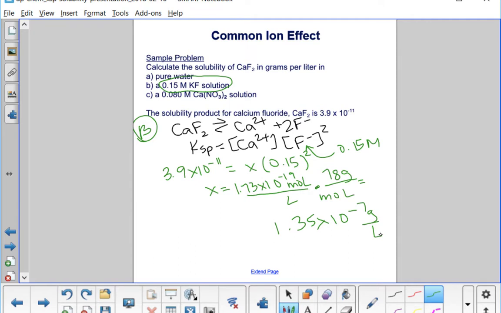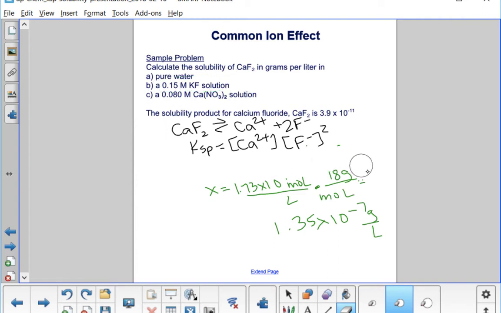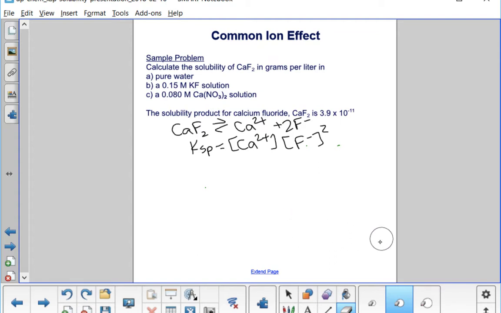Okay, and then finally part C. So in part C, we have a solution of calcium nitrate. So something that contains the calcium ion, right? Because that'll dissolve completely. So what we're saying here is that we know that our calcium ion concentration is 0.08 molar.